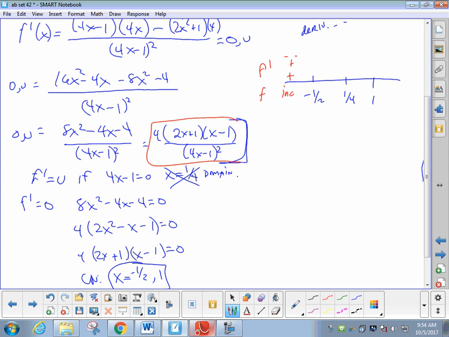Something just past negative 1/2, I could figure out a number, but gosh, that's some ugly numbers. Well, actually, it's pretty easy. 0 is a nice number in there. At 0, I have positive, negative, positive, and that's therefore negative, right? And so function's decreasing.